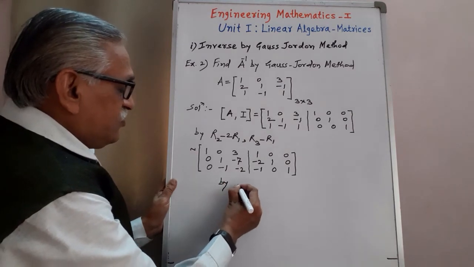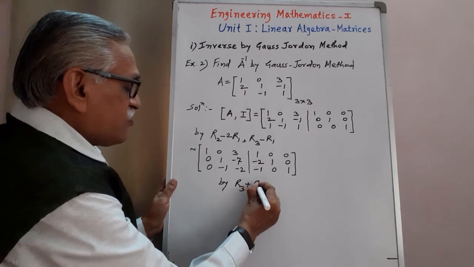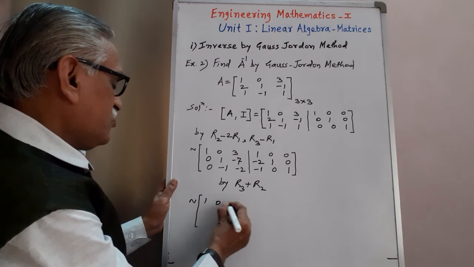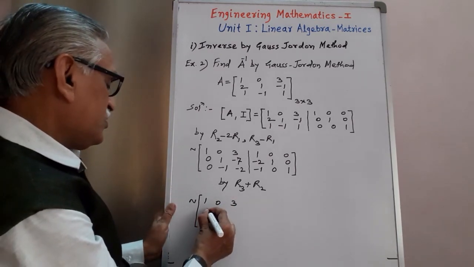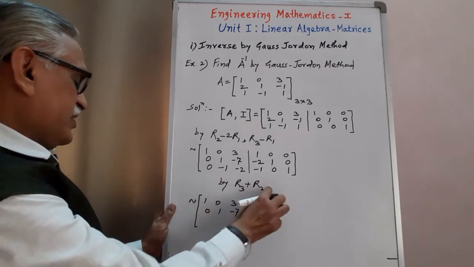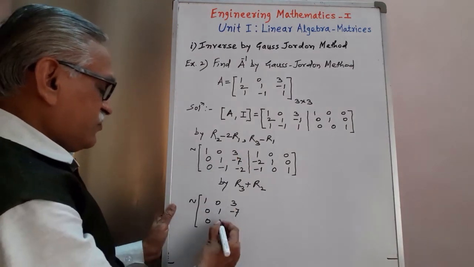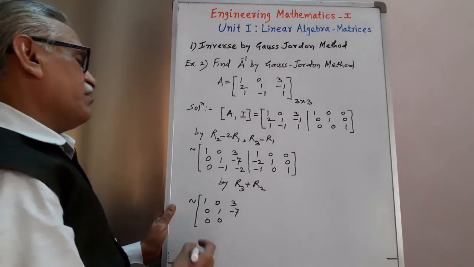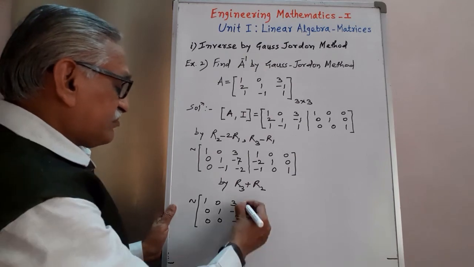Therefore, we use the transformation R3 plus R2, and therefore 0 3 no change, first row no change, second row also no change, 0 1 minus 7 as it is. Then applying this 0 plus 0, minus 1 plus 1, minus 2 minus 7, we get minus 9.